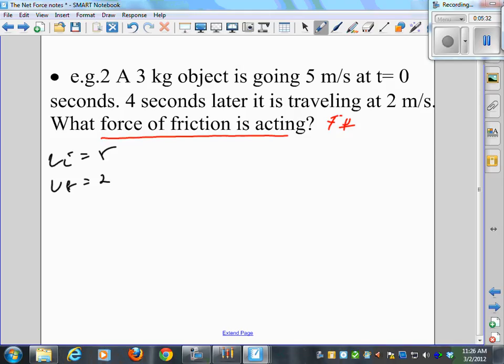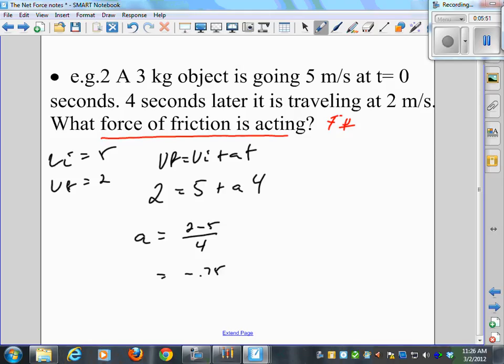Okay, so I'm going to go VF equals VI plus AT. Final velocity is 2. Initial velocity is 5. I'm going to solve for my acceleration, and t is 4. So my acceleration is going to be 2 minus 5 all over 4, which is minus 0.75. Now I'm going to go F net equals ma.